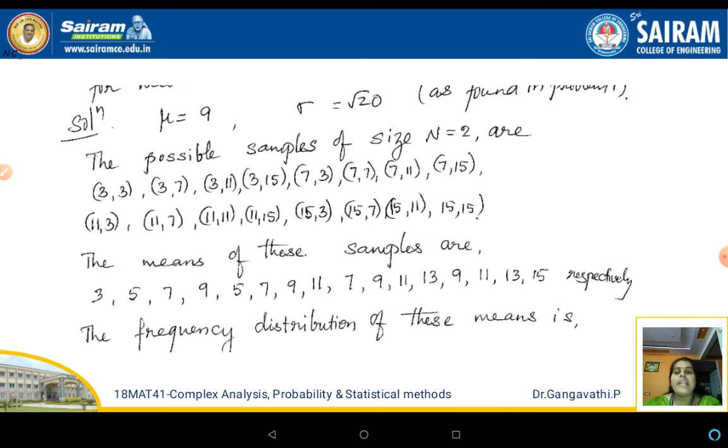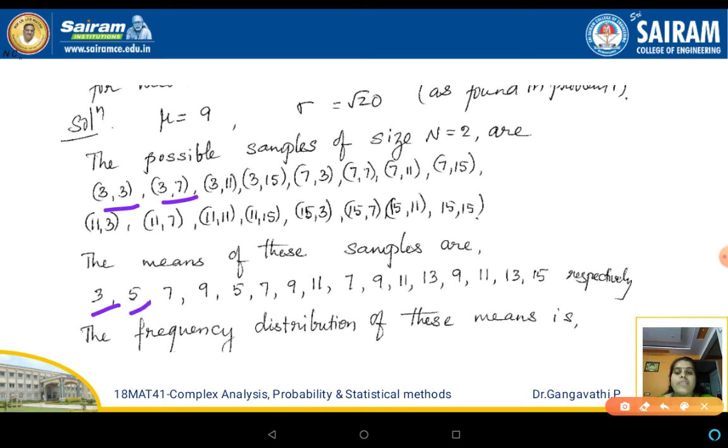Now we need to evaluate the mean of all these samples. How can the mean be calculated? Add the elements of the sample and divide by the number of elements in the sample. So you add 3 and 3, which is 6, divide by 2 gives you 3. Similarly, 3 and 7, the sum is equal to 10, divide by 2 gives you 5.